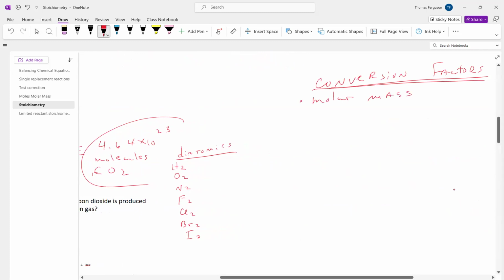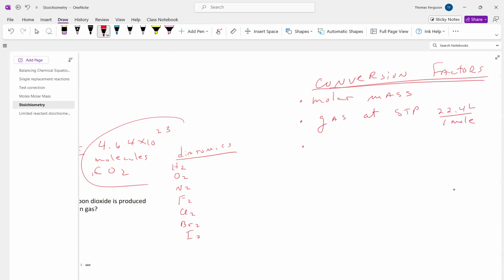Okay, these are the conversion factors you're going to be using. Molar mass from the periodic table. Gases at STP, that's 22.4 liters per mole.